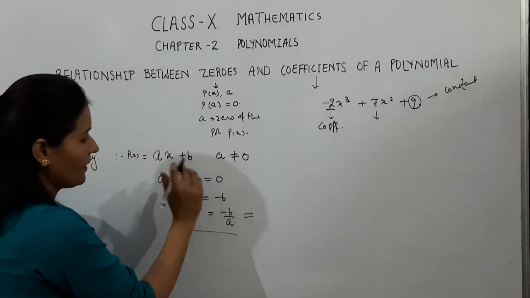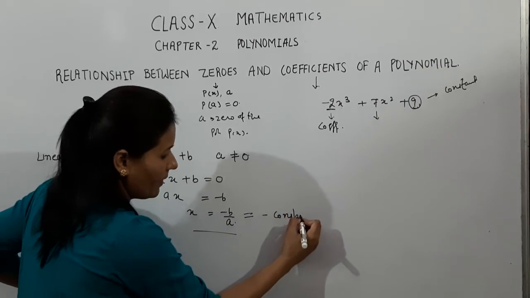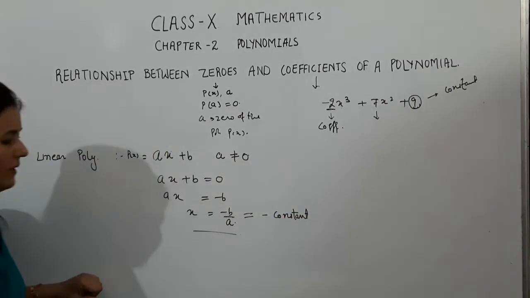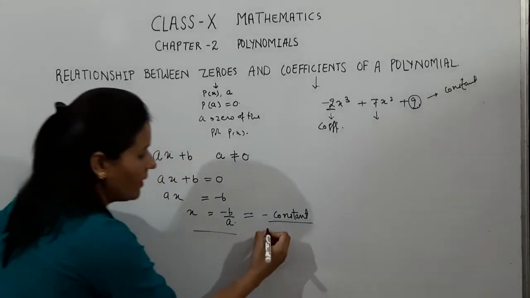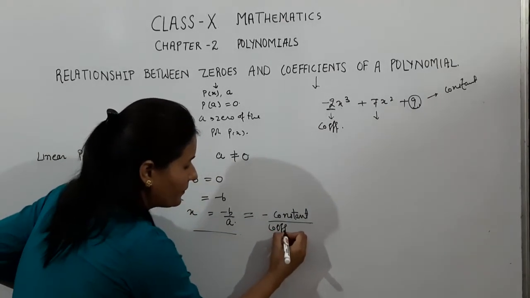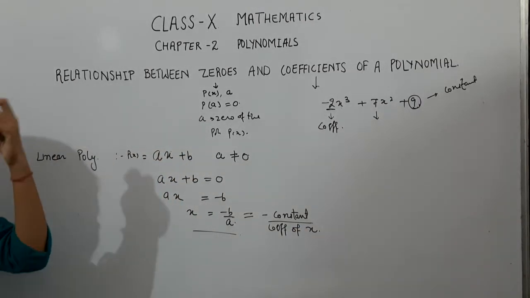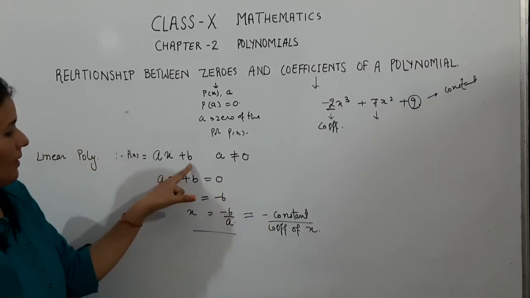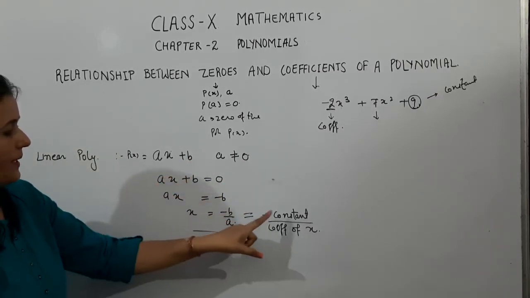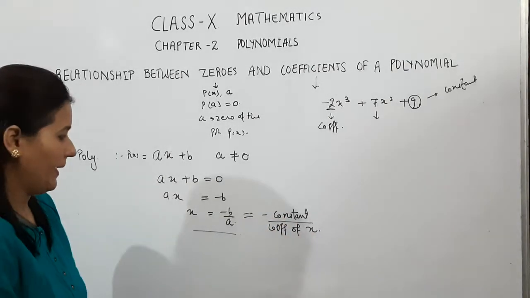This b is the constant term here, and this a is the coefficient of x, right? Okay, so x is the zero, which is further equal to, what is the relation? Minus b, minus of the constant upon the coefficient of x, right?